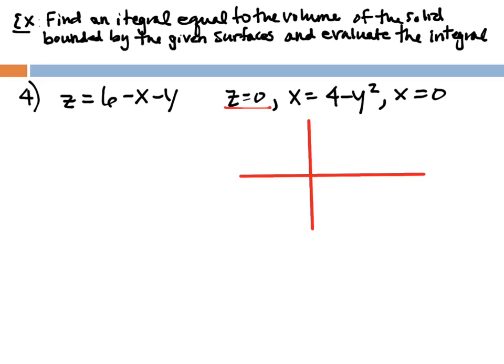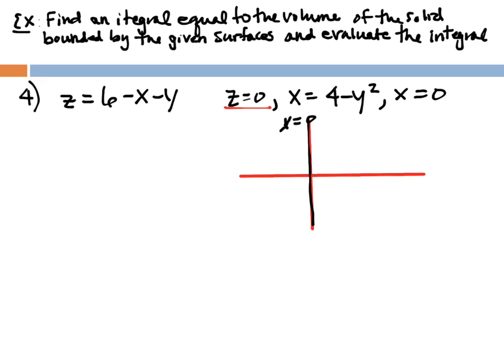And I know what x equals 0 looks like. That's just the y-axis, right? What does the equation x equals 4 minus y squared look like? It's a parabola. How? Like, what does it look like? Opening to the left.